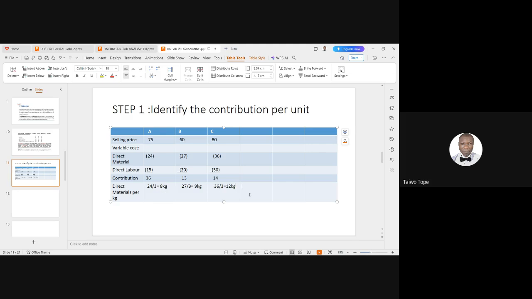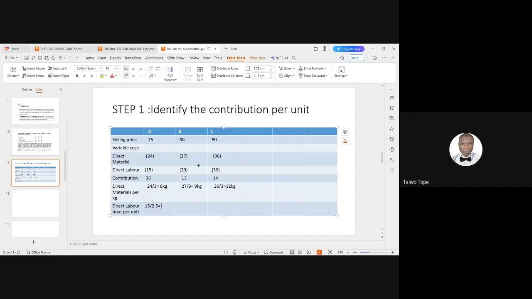What else do we need to determine? The direct labor hour per unit. Now, we have 15 naira labor rate to produce 1 unit. 1 hour costs 2 naira 50 kobo.